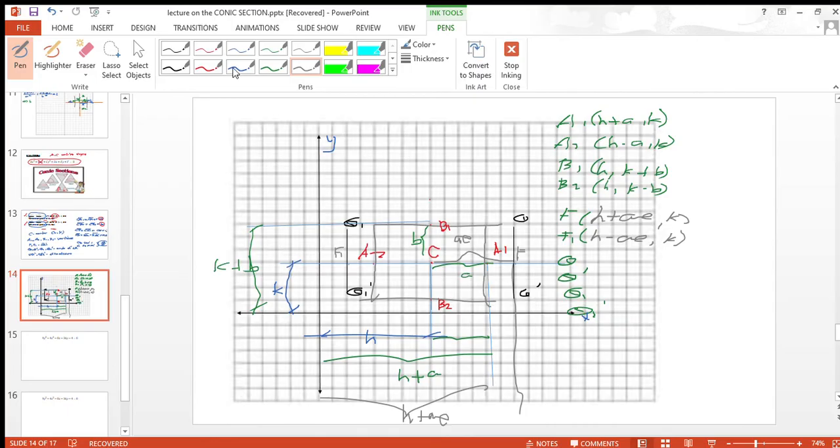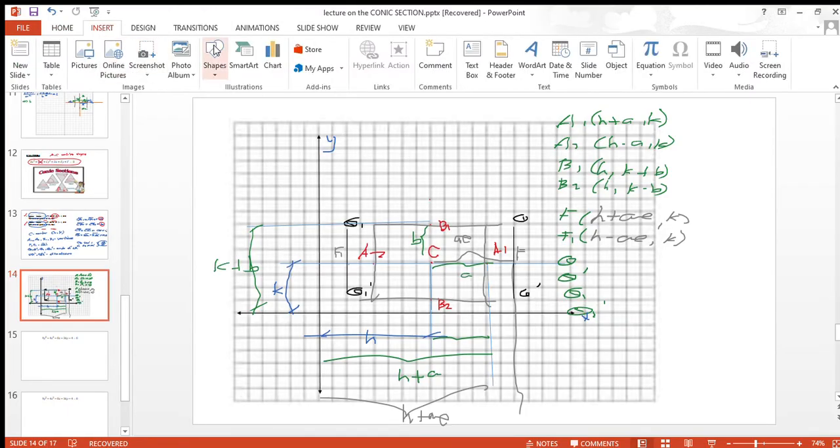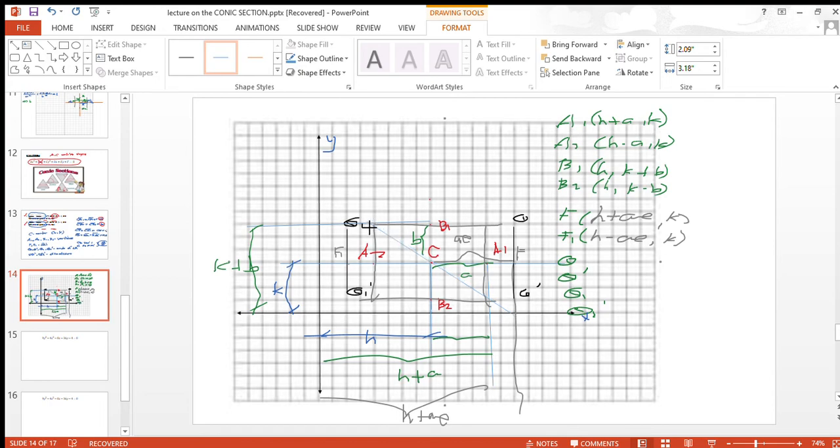Okay, and then if we now draw the lines connecting the diagonals of those, let me extend that. And then let me also draw the line, this time connecting these diagonals.